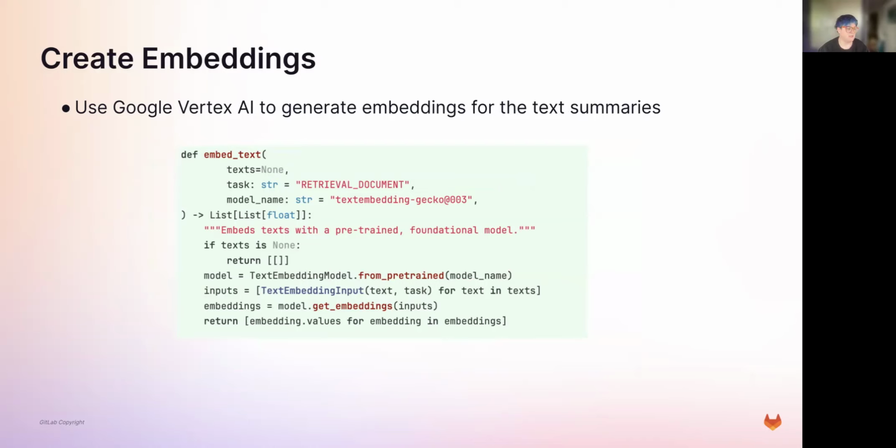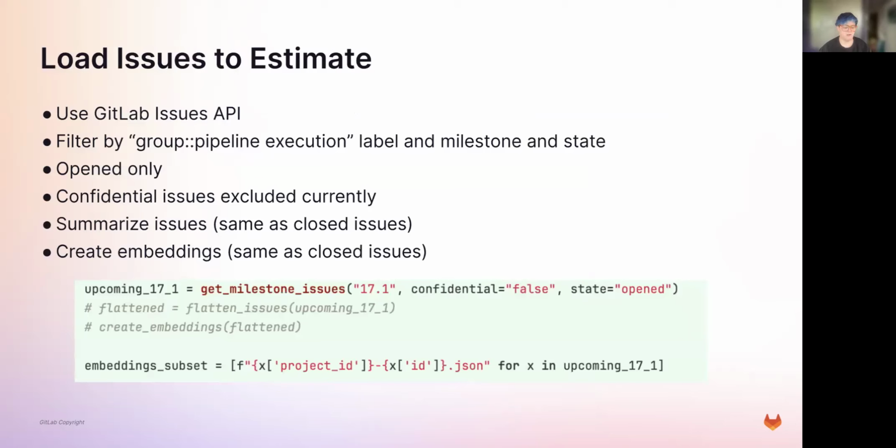So it's stored as a matrix of floating point numbers, which then can be used to do math and to compare different text blobs. So now we have a summary of each of our issues in text and as a numeric representation.